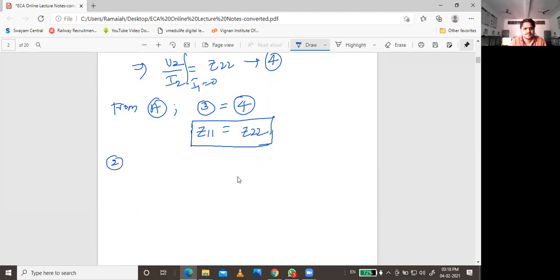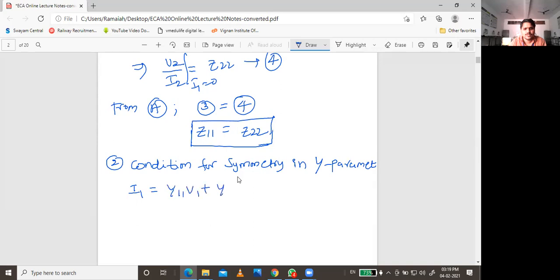Now next one, we will find out the condition for symmetry in Y parameters. Write down the Y parameter equations: I1 equal to Y11 V1 plus Y12 V2, I2 equal to Y21 V1 plus Y22 V2.